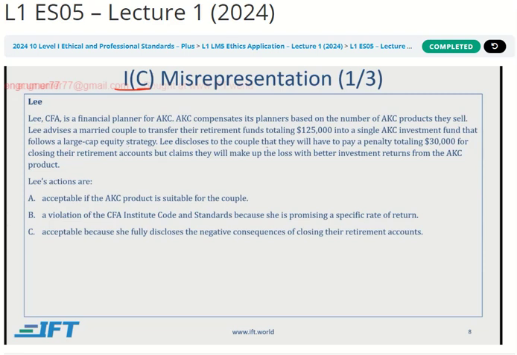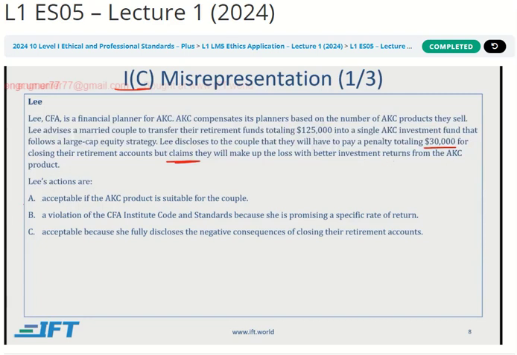Lee discloses to the couple that they will have to pay a penalty totaling 30,000 for closing their retirement accounts, but claims they will make up the losses with better investment returns from the AKC product.